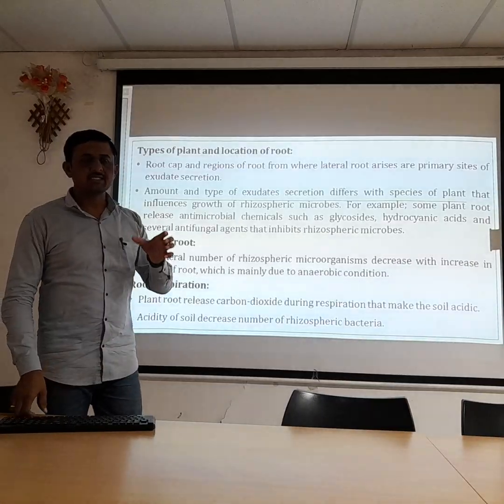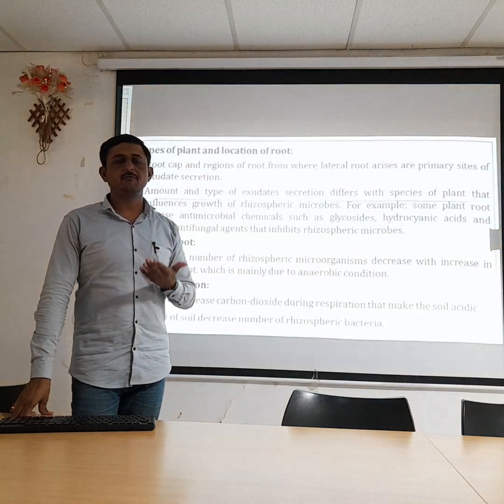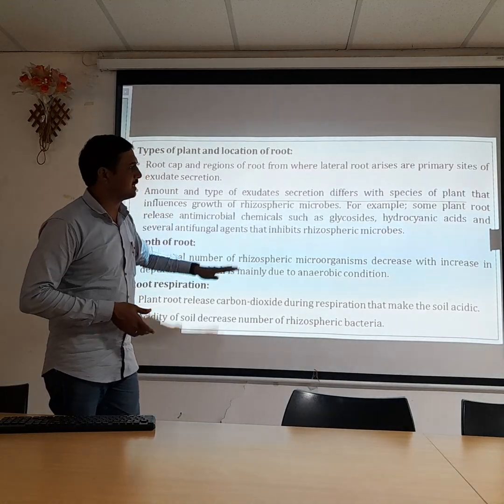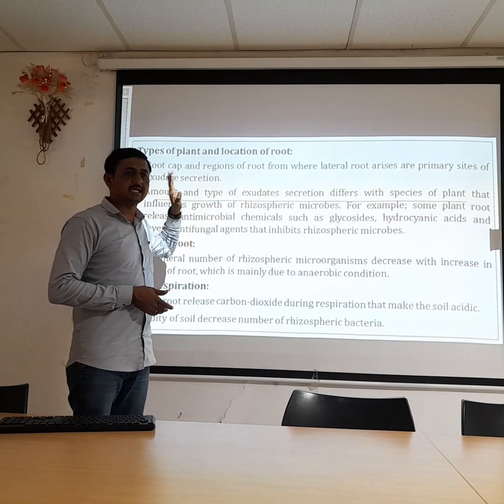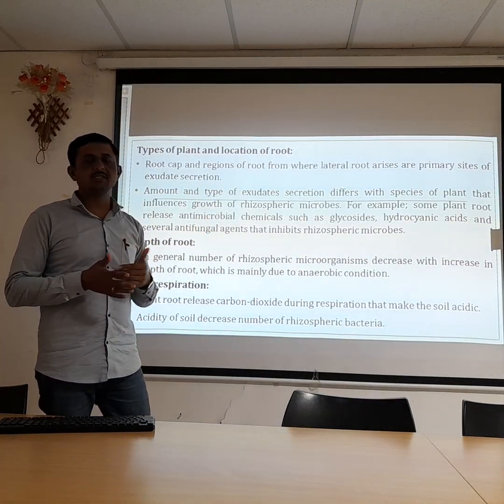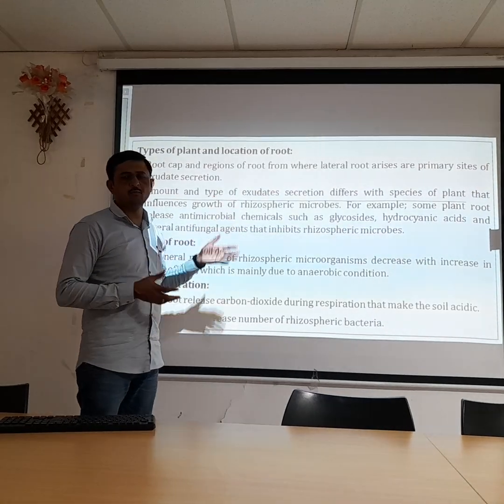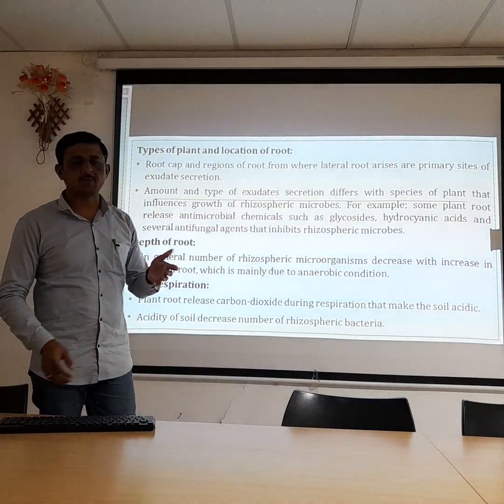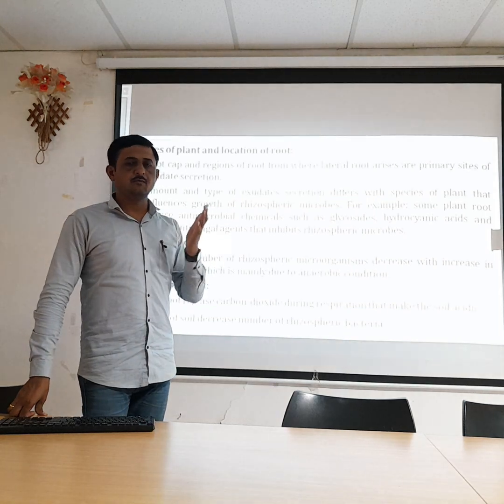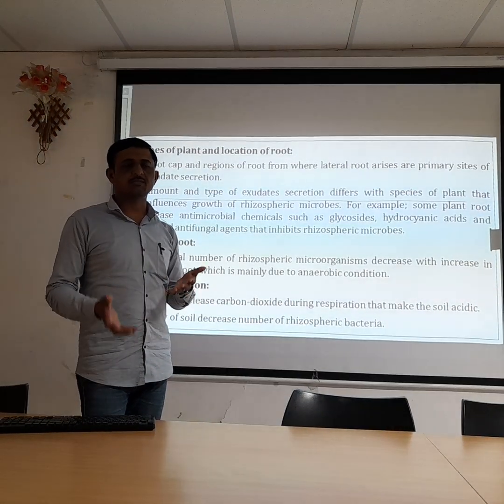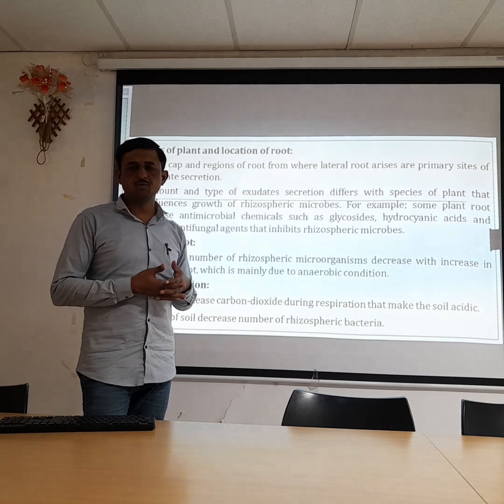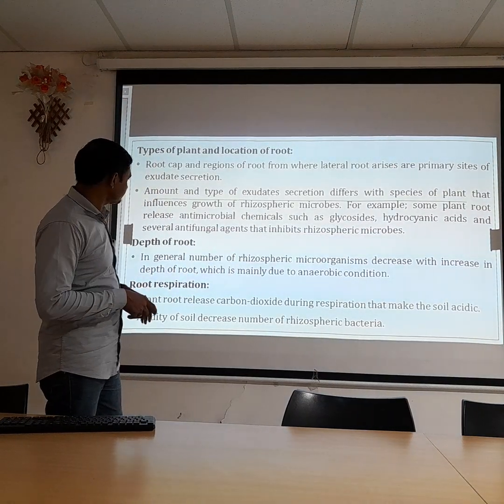So it again acts as a limiting factor for the microbial population in that rhizospheric region. It is another species dependent or plant specific factor, depending upon which type of species produces antimicrobial and antifungal substances that affect the microbial population. Apart from that, some microbes and plants have mutual association with plant roots.